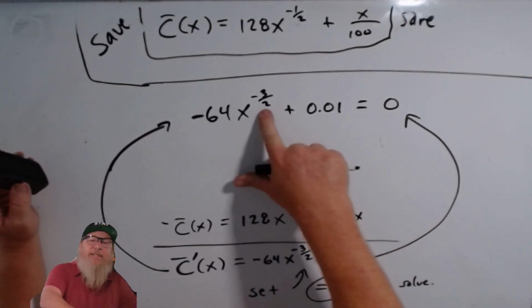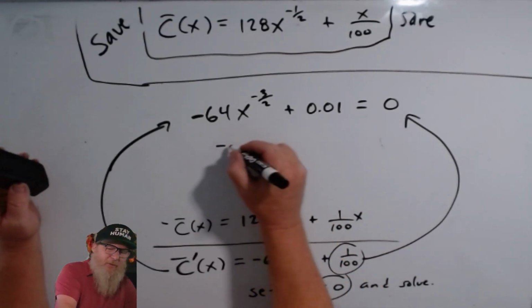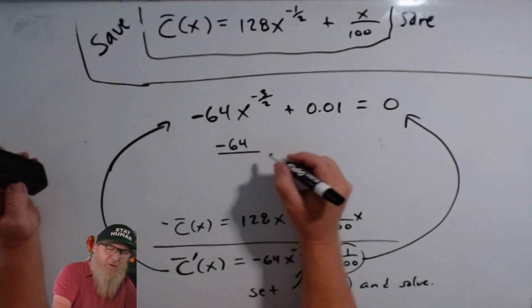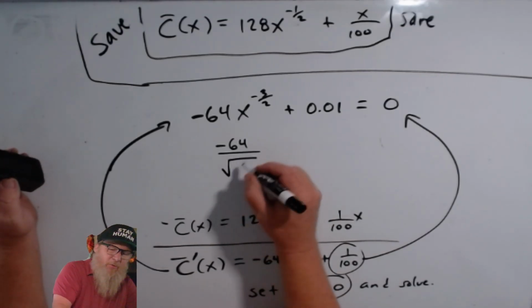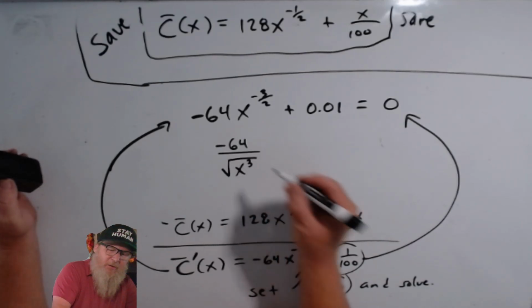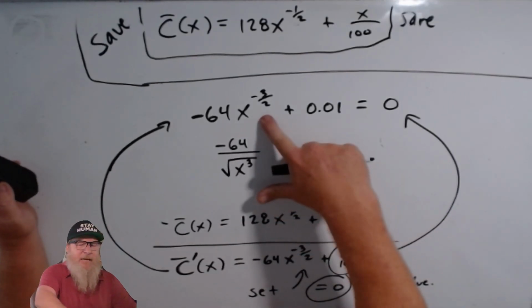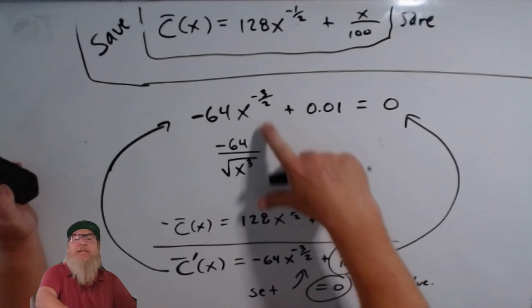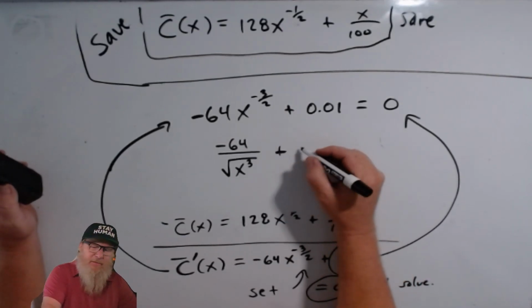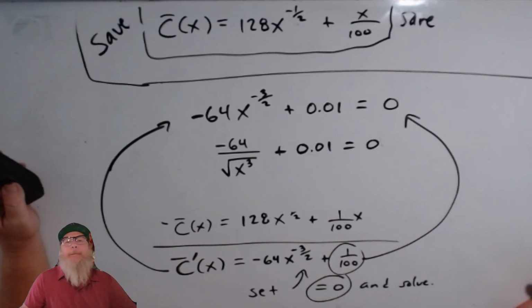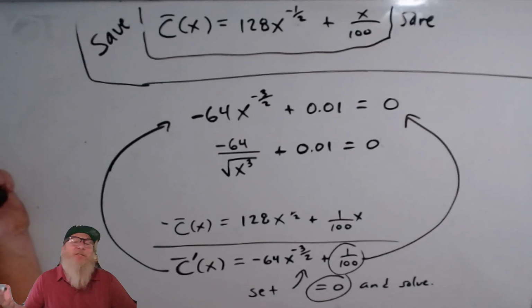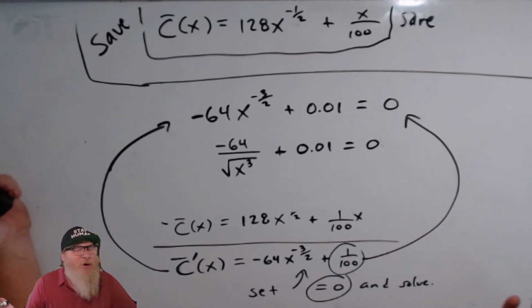I also like to see this as what it really is. So it really means negative 64 over the square root of x cubed. That's what negative 3 halves actually means in math language. And this is really no harder than the last one.